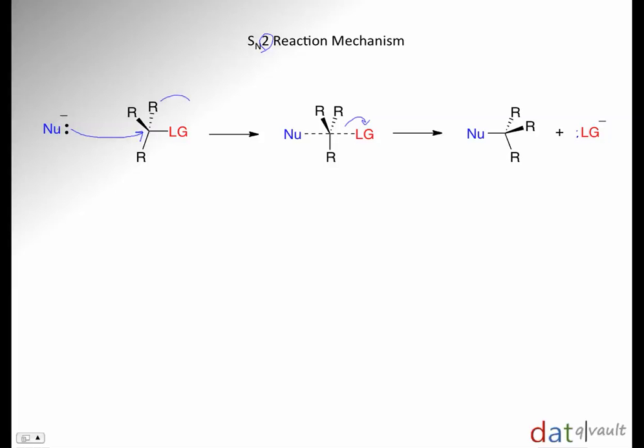These R groups all move this direction, and the center around the carbon is then inverted. So if the stereochemistry around this carbon was initially R, once the nucleophile attacks and we get our product, the stereochemistry around that carbon center is going to be the opposite, so it's going to be S.